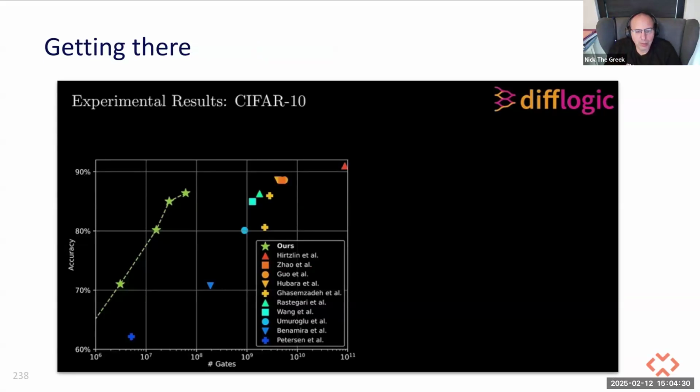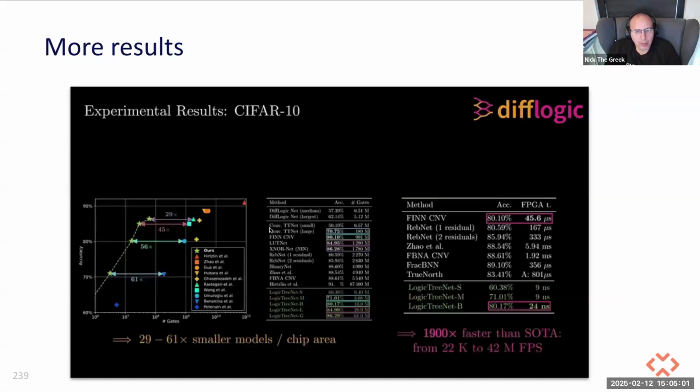You use hard logic, and it's kind of interesting how they were able to take CIFAR-10 and get similar results with other models that require 2 orders of magnitude, maybe 3 in some cases, more gates. And I think these are all networks that actually use logical gates. So if you compare it with floating point, it's even more.